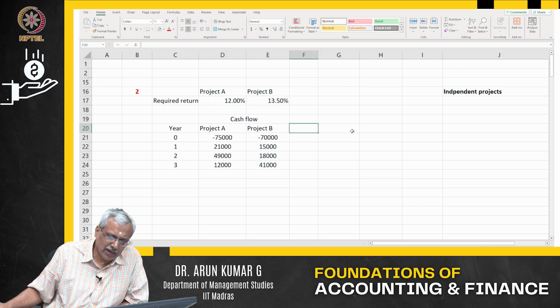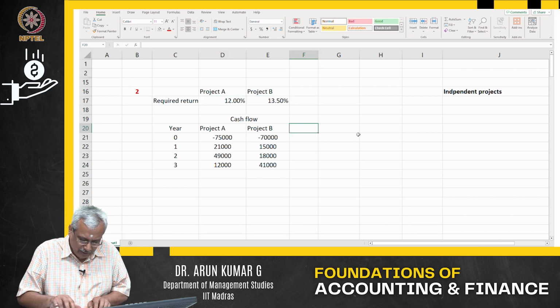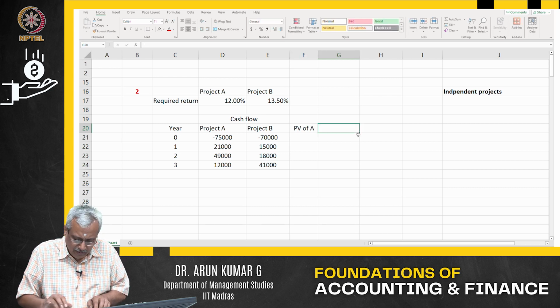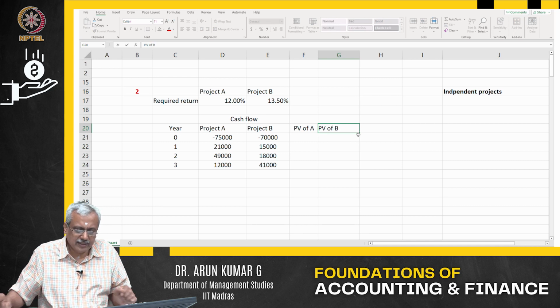You can of course do it by calculating the present value of each, present value of A, present value of B. I can certainly do it that way.